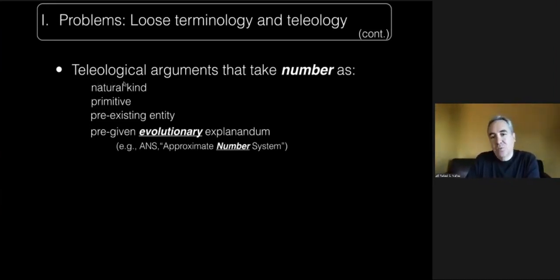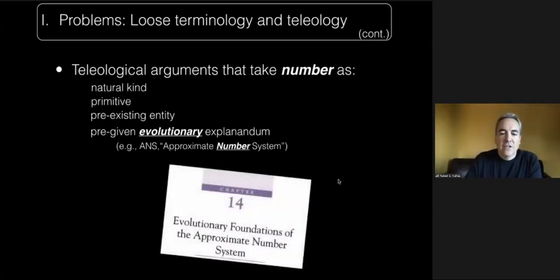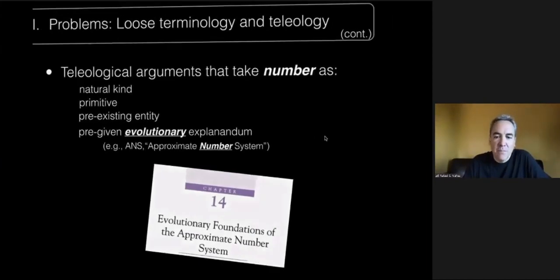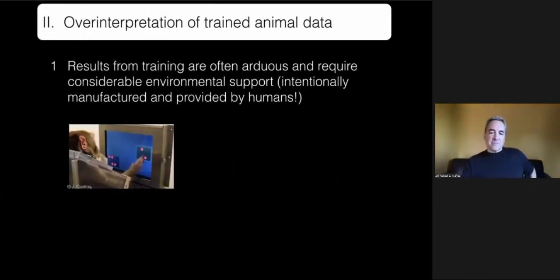But the challenge, from my perspective, is to explain the nature of number without having to refer to number, and break that teleological circularity. So that is the kind of issue I was saying here: bringing number into the explanandum to try to explain number.